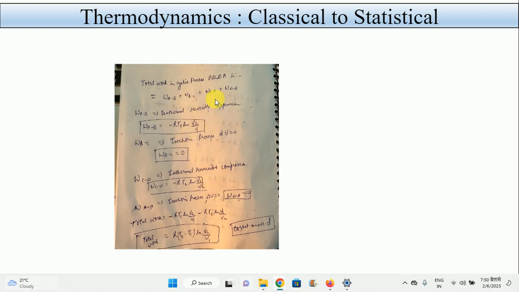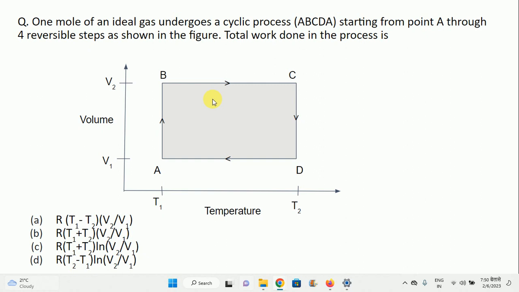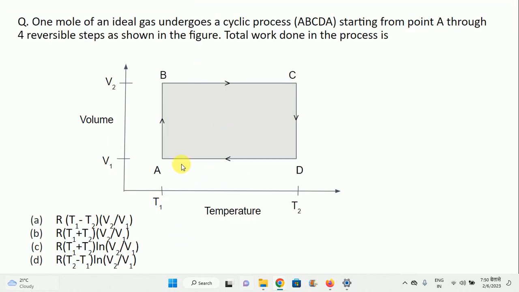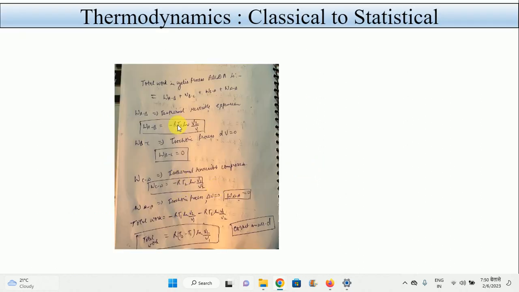Let me read it out for you. Total work done in the cyclic process A, B, C, D, A is the work done from A to B, plus work done from B to C, plus work done from C to D, and then D to A. And since we know that WAB and WCD are isothermal reversible processes, we can apply the formula minus nRT ln V2 by V1, that is V final by V initial.